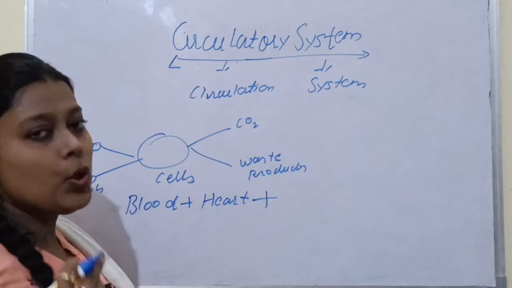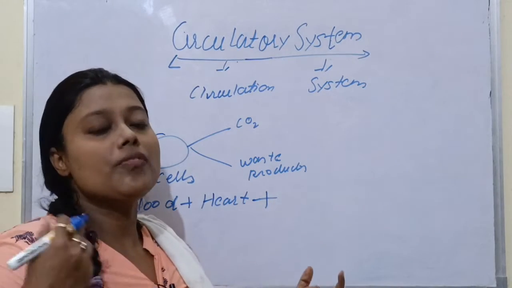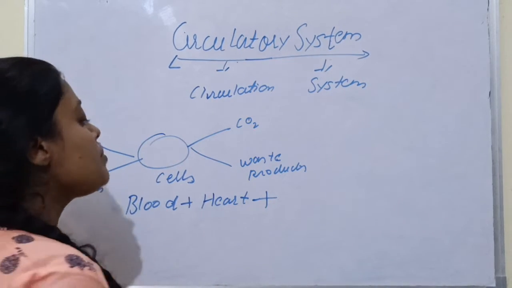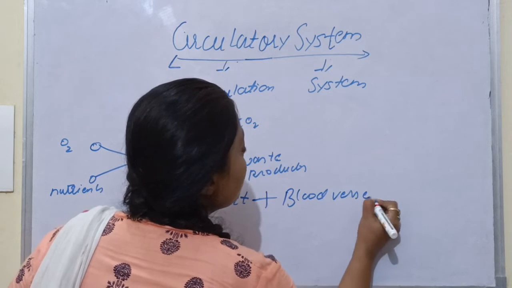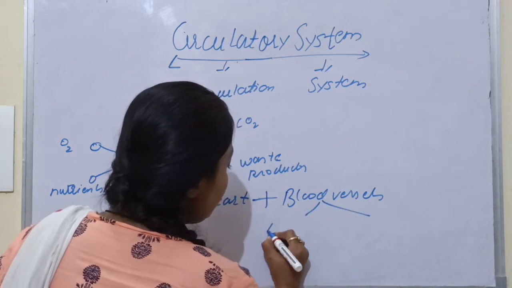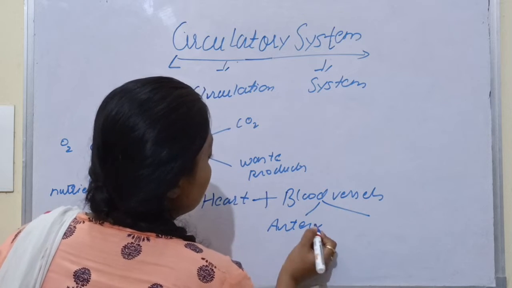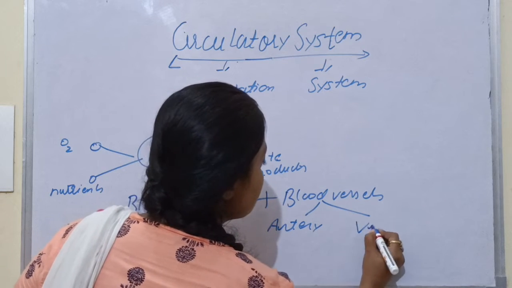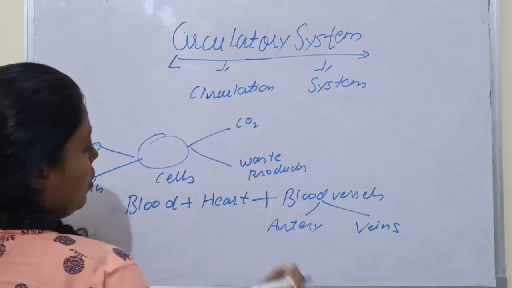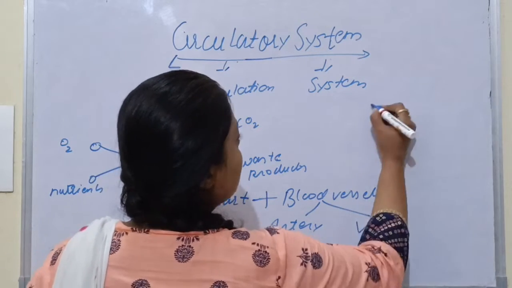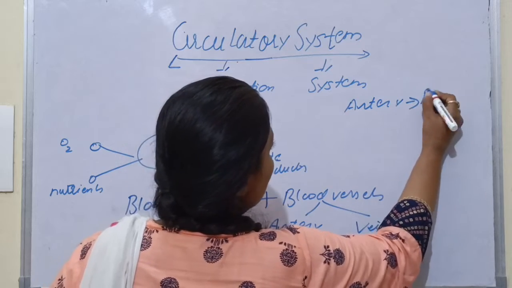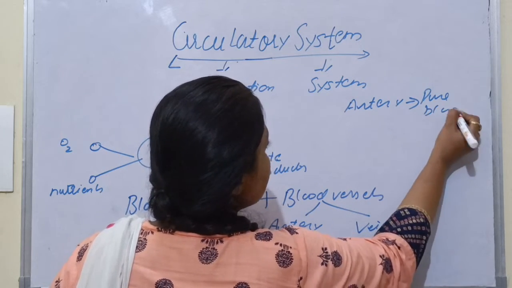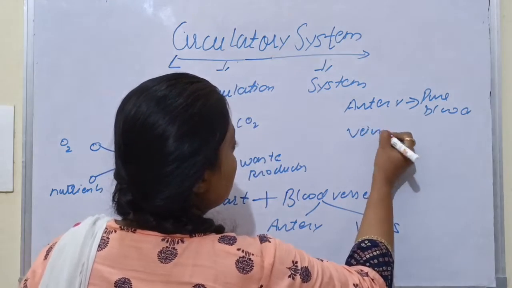And there are some tubes which carry blood to different tissues. These tubes are known as blood vessels. There are two types of blood vessels: one is artery and the other is veins. Here I am writing: artery carries pure blood and veins carry impure blood.